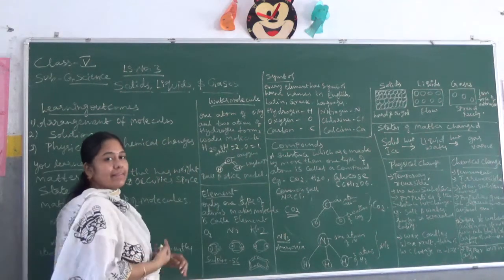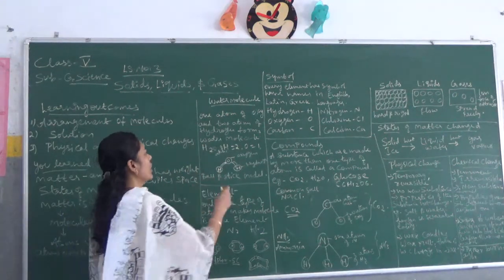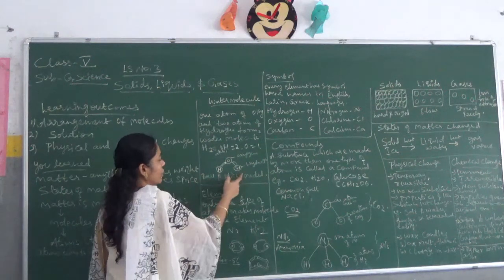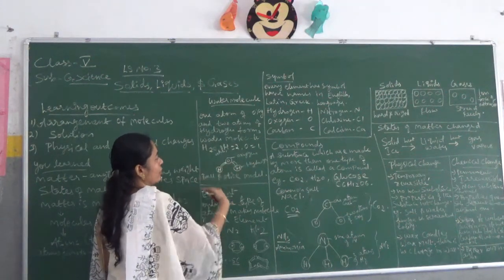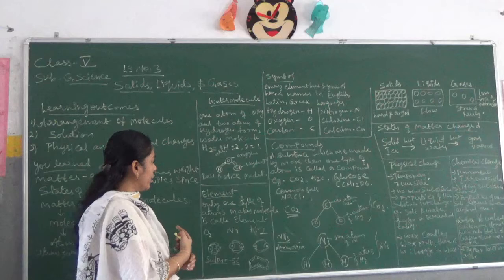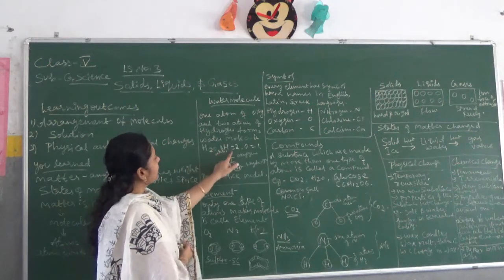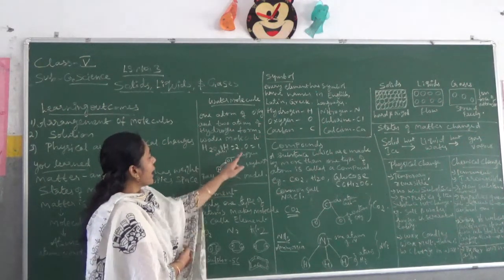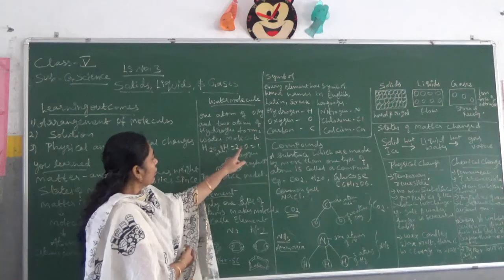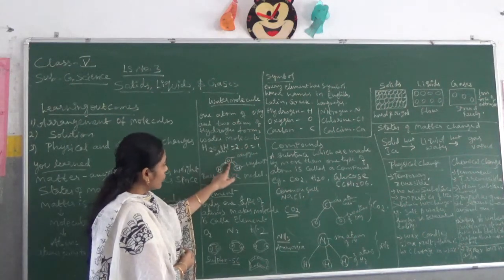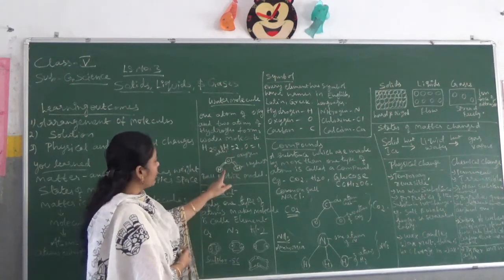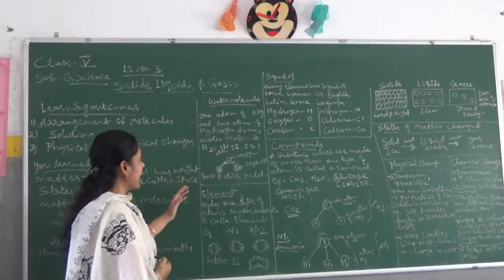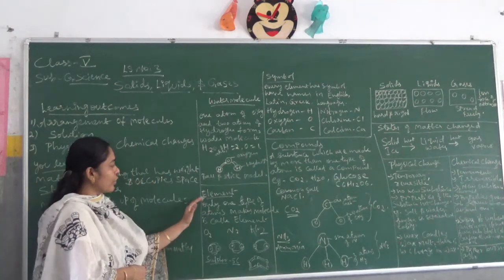Here one atom of oxygen and 2 atoms of hydrogen form a water molecule. How many hydrogens are there? 2. And oxygen? 1. Understand?